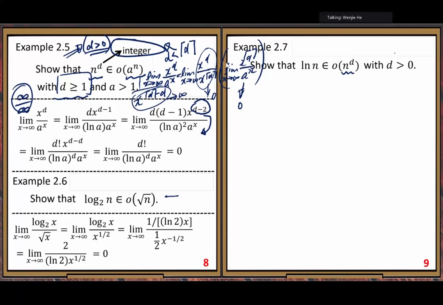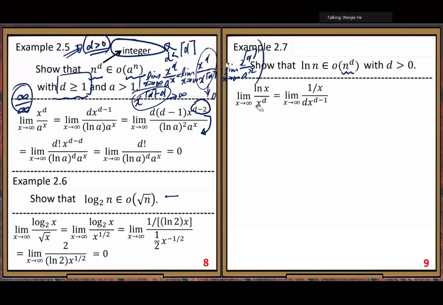Now we still apply L'Hopital's rule on the continuous variable version. After the first round of derivative, we again have an infinity over infinity indeterminate form. So we apply L'Hopital's rule for the first round.